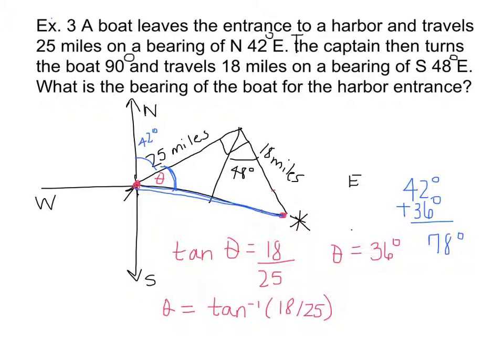Okay, and then remember, to describe your bearing you need 3 parts. So we were going north, 78 degrees east. And that's your answer. So the bearing of the boat from the harbor entrance, that's from here to here, would be north 78 degrees east. And then you're done.